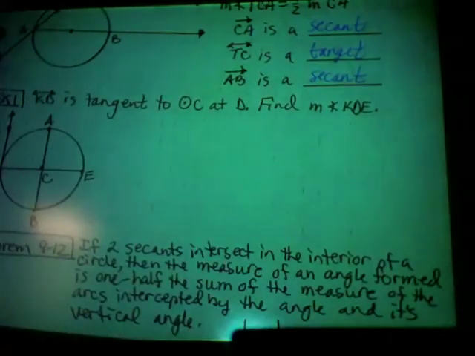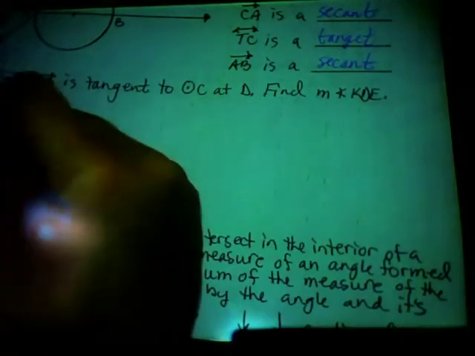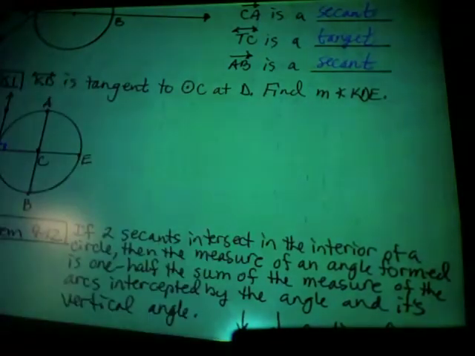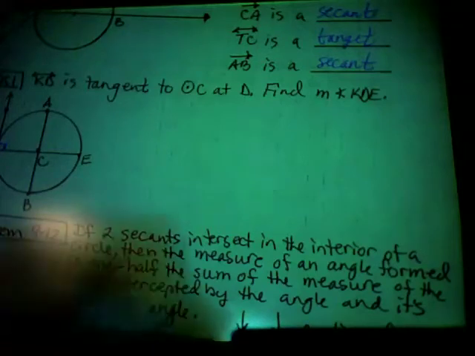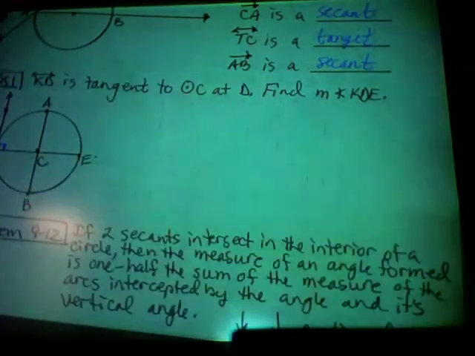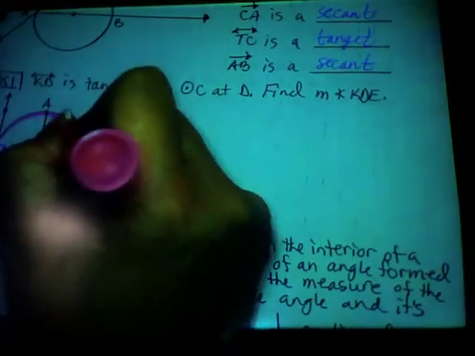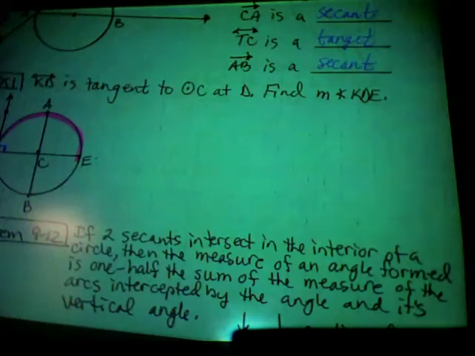You were told that KD is tangent to circle C at point D, so point D is the point of tangency. I would immediately put a right angle there, because DC is part of a radius hitting a point of tangency. Prior knowledge tells us that that's a right angle. Find the measure of angle KDE. We already know it's right from a previous one, but look at the intercepted arc, from K to D to E. What part of the circle is that?